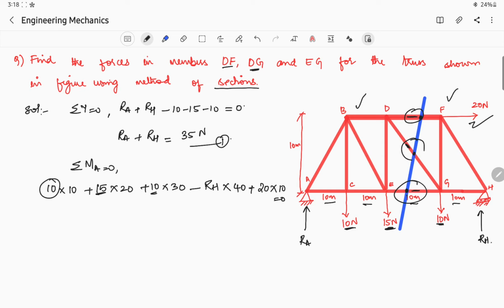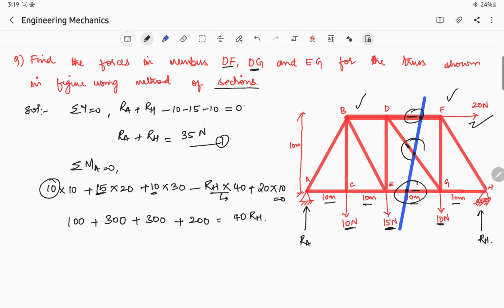So if you simplify this, you will get 100 plus 300 plus 300, plus this RH into 40, we will send it towards the right hand side, plus 200 is equal to 40 RH.